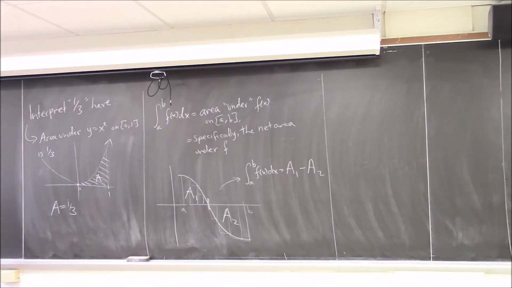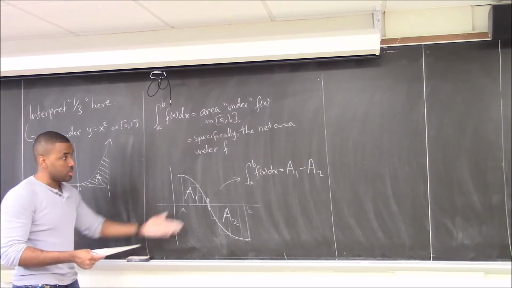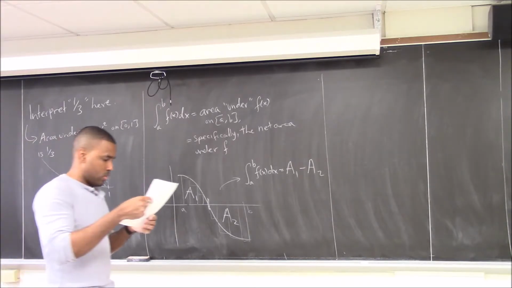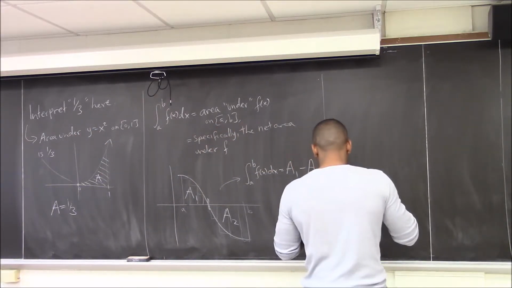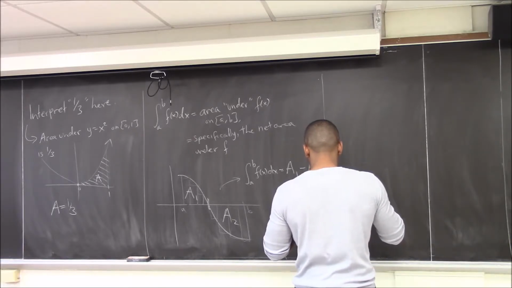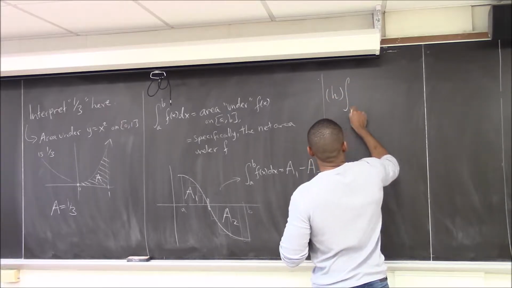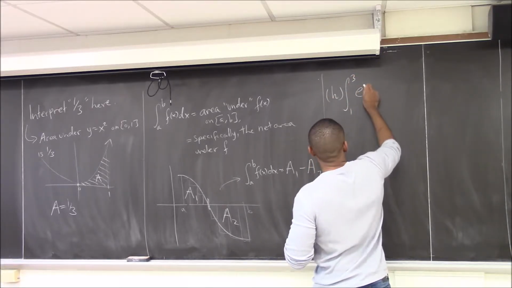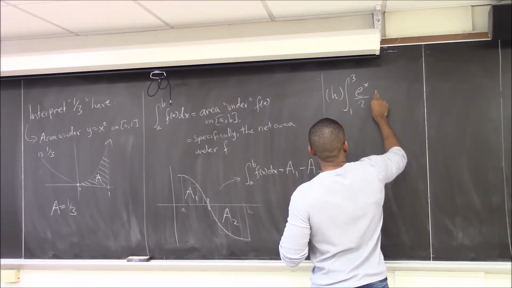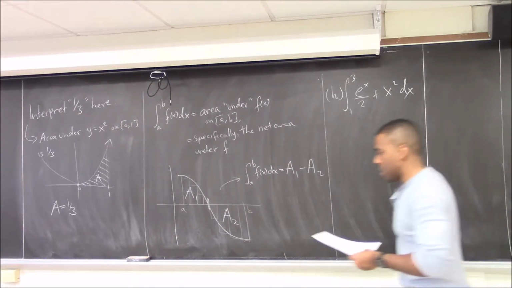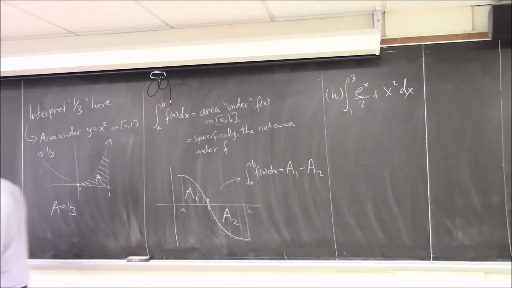So whenever there are numbers on our integrals, we can interpret it as the area under the curve, the net area, in fact. So we're up to H. This is another definite integral, which means it can be interpreted as the area under a curve between 1 and 3.